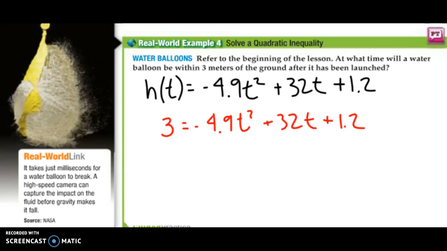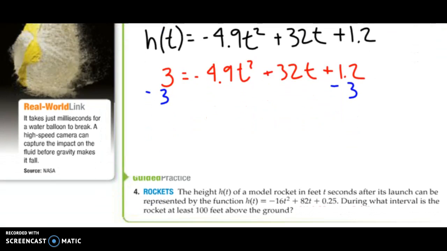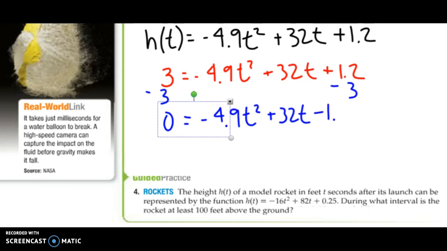And I'd say probably the easiest is going to be to subtract 3 from both sides. Then this will be equal to 0 because we can't put it in the quadratic equation until it's equal to 0. So that's what I'm going to do. Alright, I'm going to say 0 is equal to negative 4.9 t squared plus 32t minus 1.8.